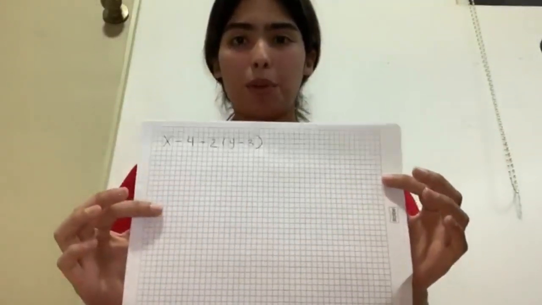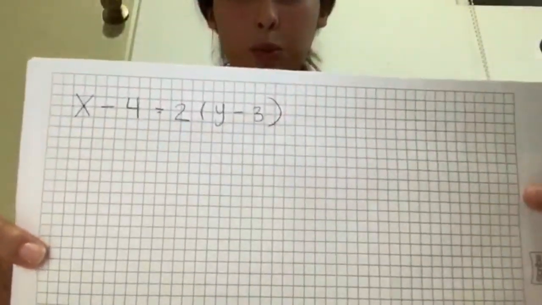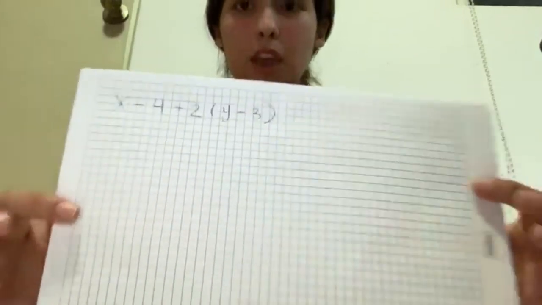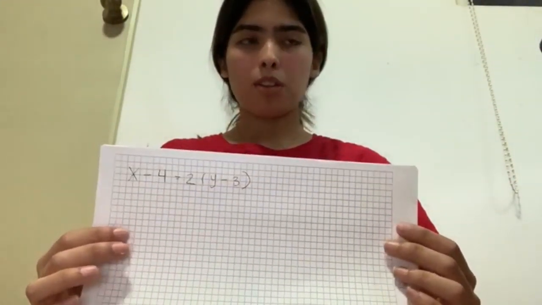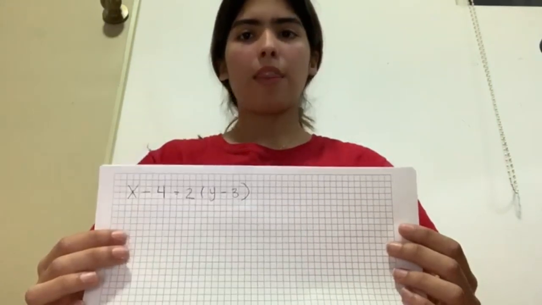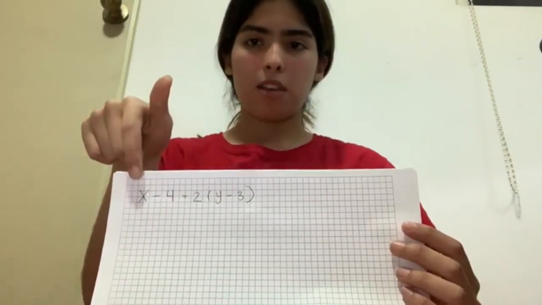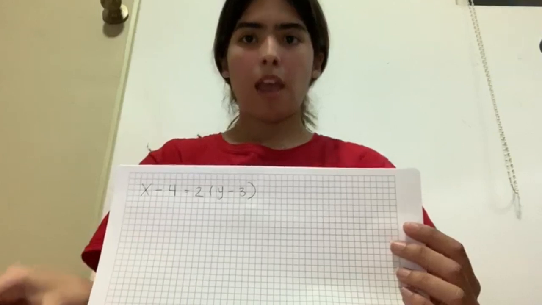To get the other pair of any equation, this will be the example. You just have to choose any 3 numbers that you would like, and then you will substitute them in the equation.